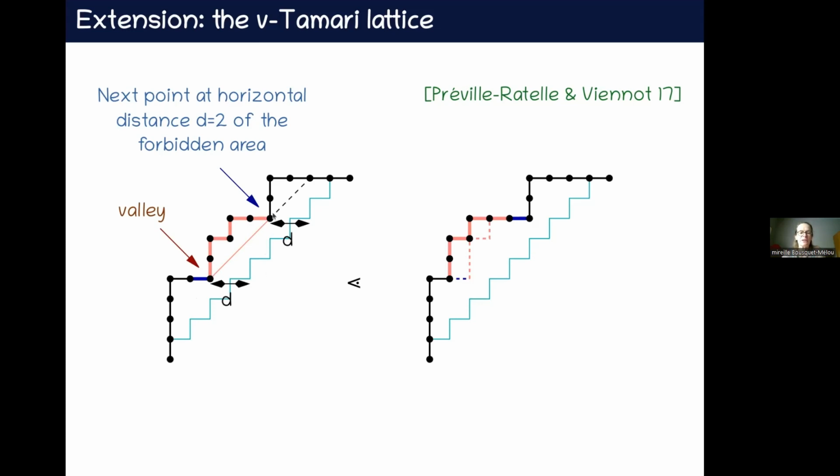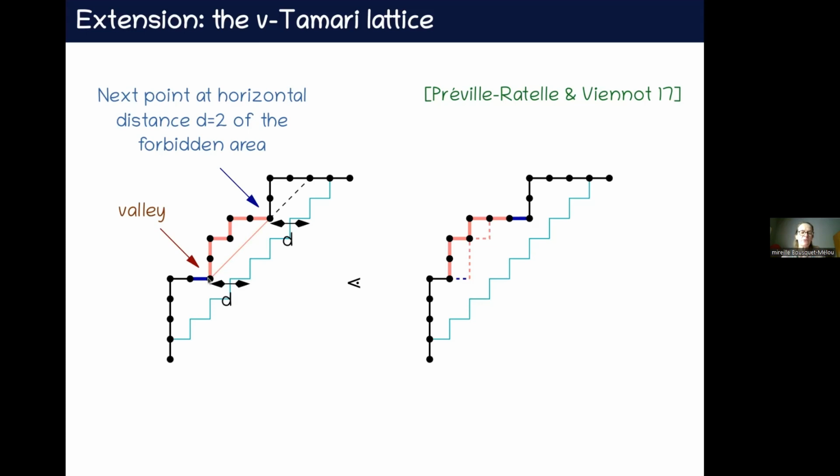Another way of describing this point of the path, where you have to cut, is to look at the horizontal distance between the bottom of the valley and what I call the forbidden area. So everything that lies below the base path. So this distance is d, here it's 2.